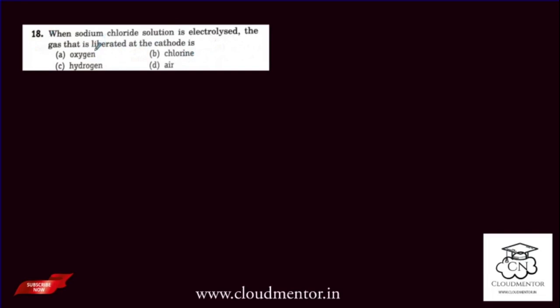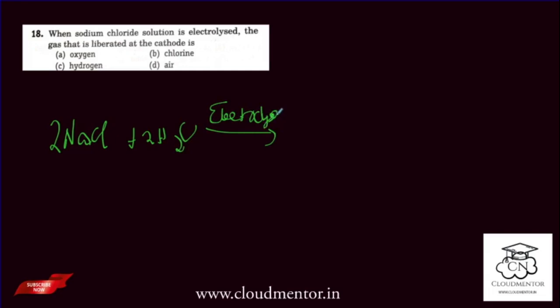Let's look at the reaction: 2NaCl reacts with 2H2O and is electrolyzed to give 2NaOH plus Cl2, that is chlorine gas at the anode.